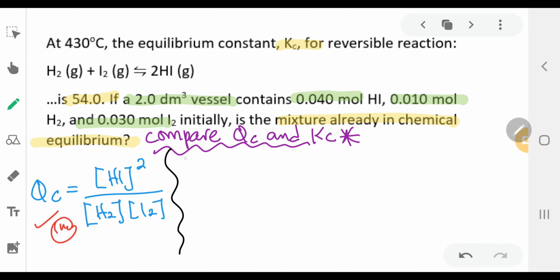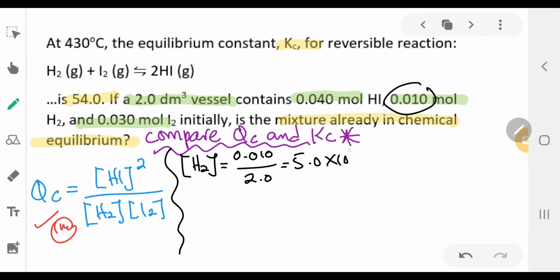So the concentration for H2 is 0.010 over 2.0, which would be 5.0 times 10 to the power of -3 molar.